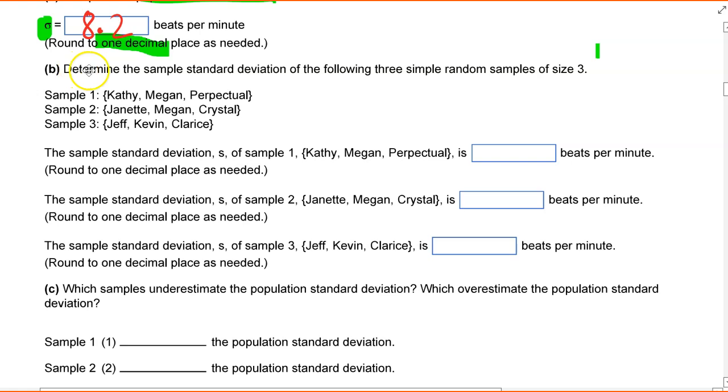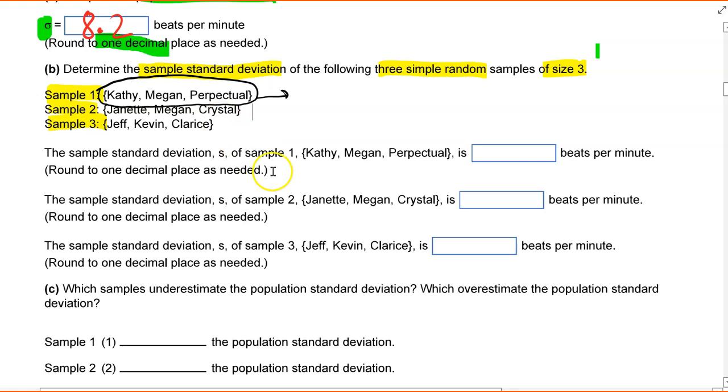Part B, determine the sample standard deviation. Notice that in the second part you have to find the sample standard deviation of the 3 samples of size 3. Sample 1, sample 2, sample 3. Remember that Kathy, Megan, and Perpetual is the first sample, and you have to find the standard deviation of the pulse rate of these 3 people.